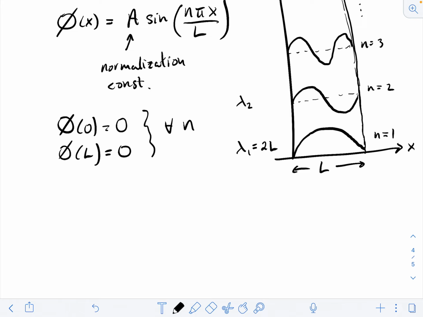In the n=2 state, λ2 is just equal to L. We get one full cycle. And in the n=3 state, we have a wavelength of 2L over 3, and you can continue in this way. In general, the nth state is going to have a wavelength of 2L over n.